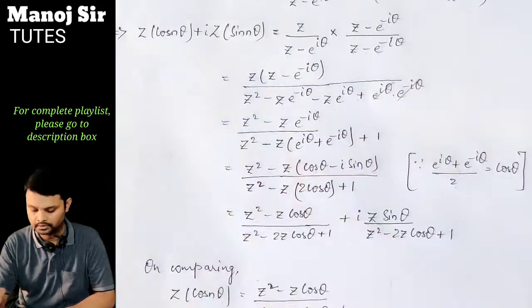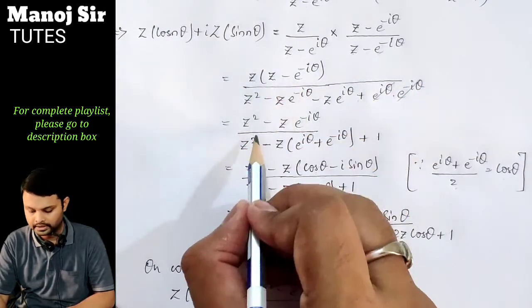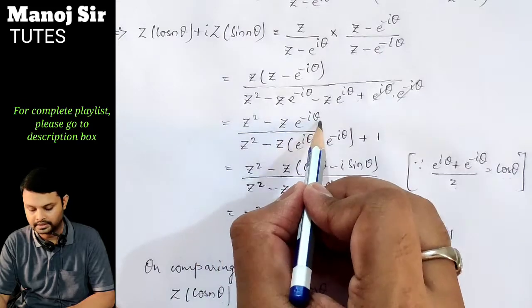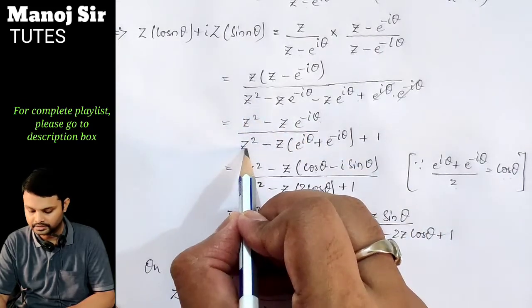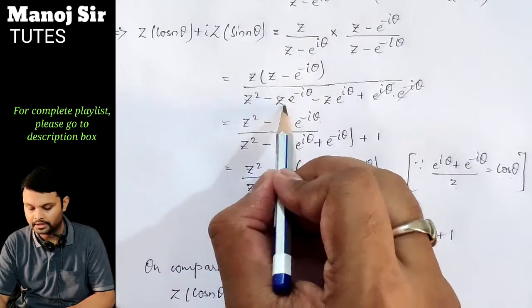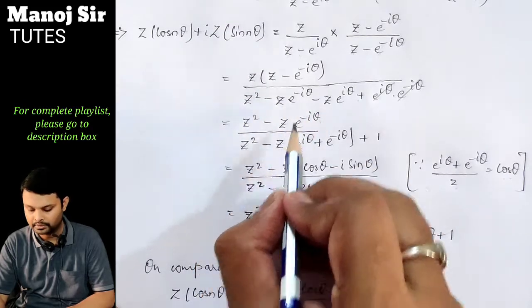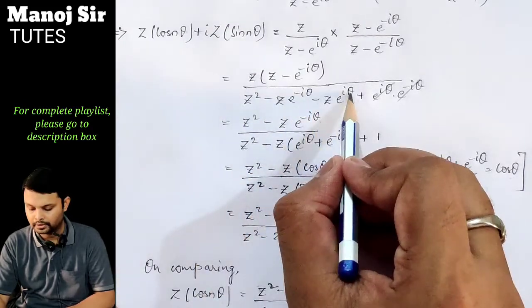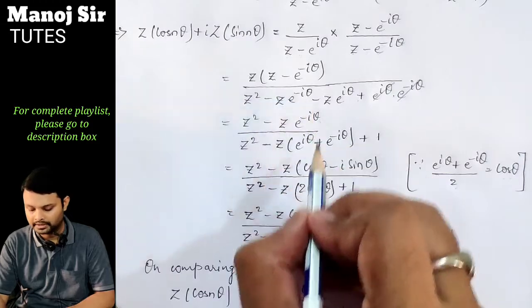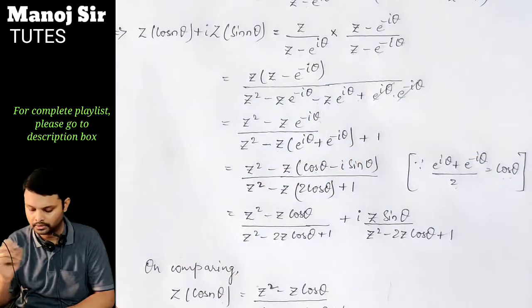What is left here is 1. So we can open this bracket: z² is as it is, now here we can take common z, minus z into (e^(iθ) + e^(−iθ)), and here we are left with only 1.